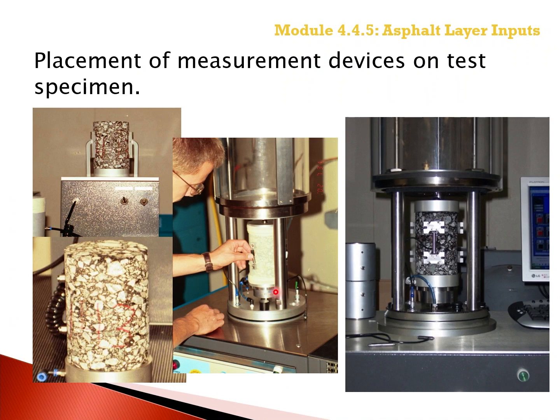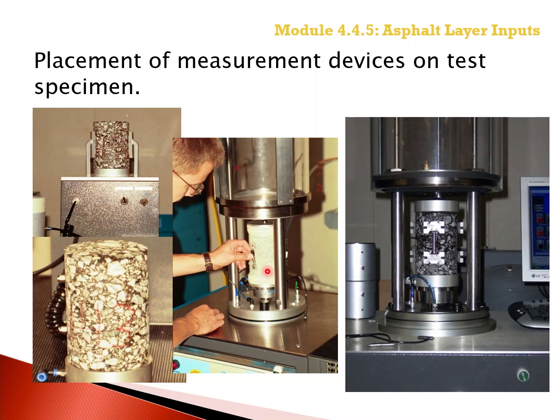This slide illustrates attaching the displacement measuring devices, which are the linear variable differential transformers, or LVDTs, on the test specimen for measuring deformation, for calculating dynamic modulus and phase angle. The dynamic modulus test is usually performed without confinement, but confined triaxial test specimens can be applied.